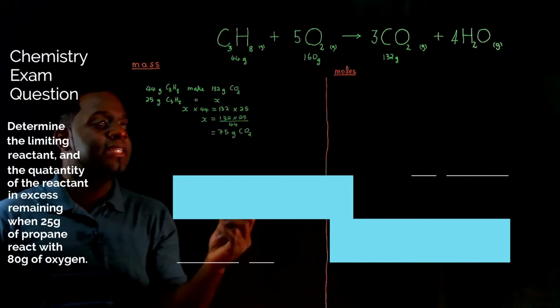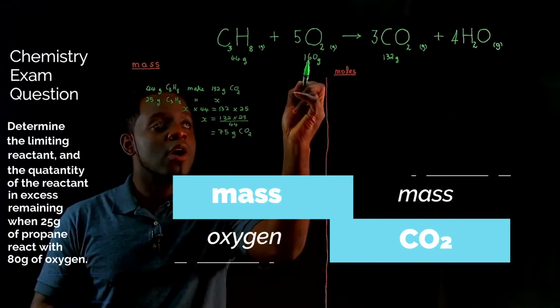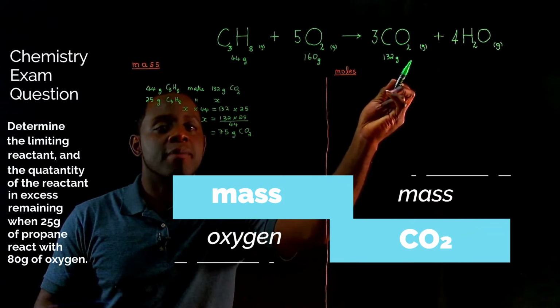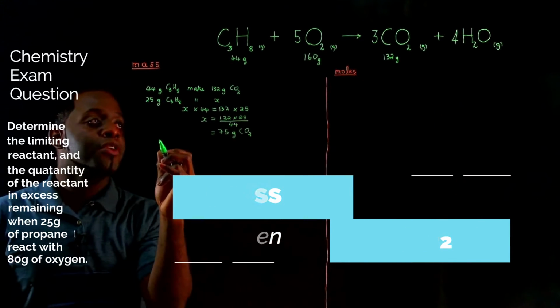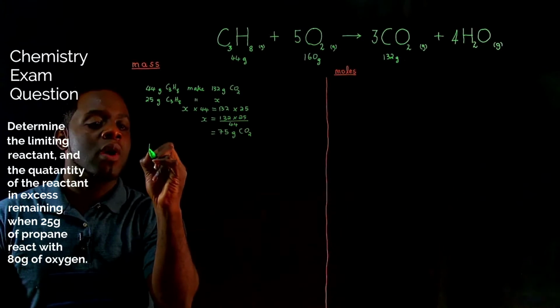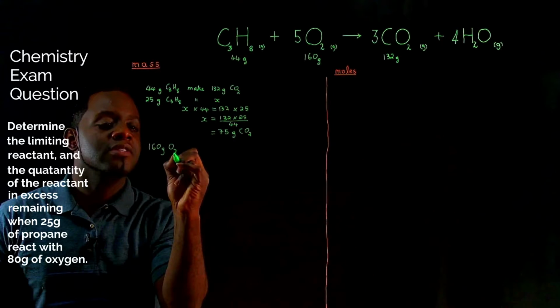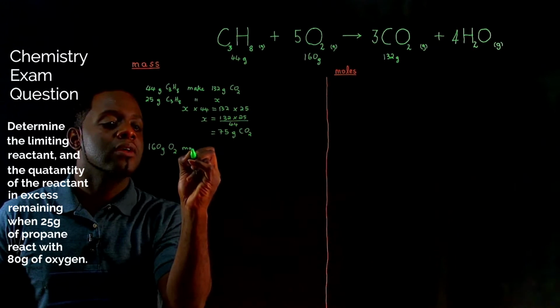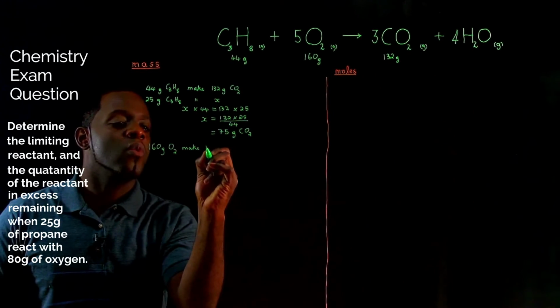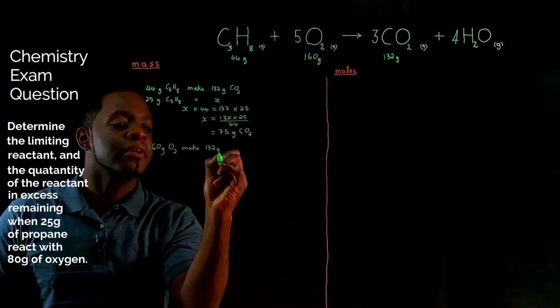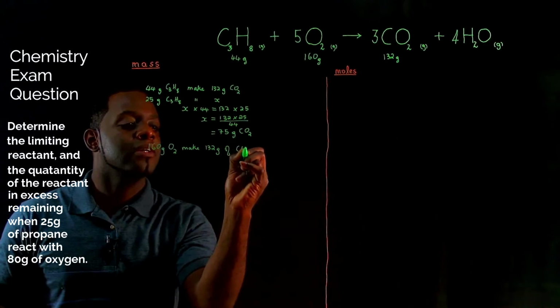Let's now relate the mass of oxygen to the mass of carbon dioxide formed. Theoretically, 160 grams of oxygen will make 132 grams of carbon dioxide.